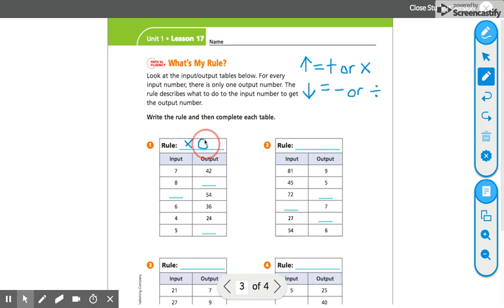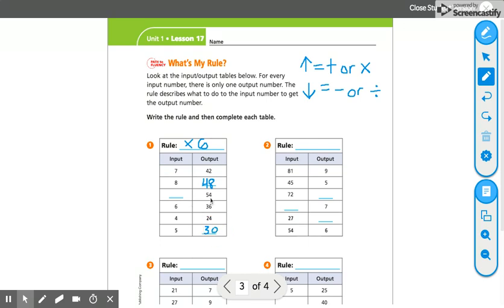Now I can use that to figure out my missing pieces. So here, I think, okay, 8 times 6. Well, I know that 8 times 6 is 48, so that's going to be my blank there. And then I'm going to come down and do this bottom one, and we'll come back to this one. 5 times 6 is 30. Now this one is different because I don't know the input, but I do know the output.